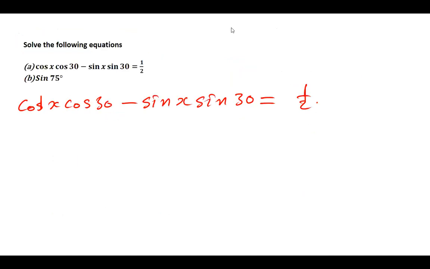Okay. So cos x cos 30, if we take x as A and 30 as B, this is just the same as cos x cos 30 minus sine x sine 30. This is the compound angle formula for cos, which can also be written as cos x plus 30.